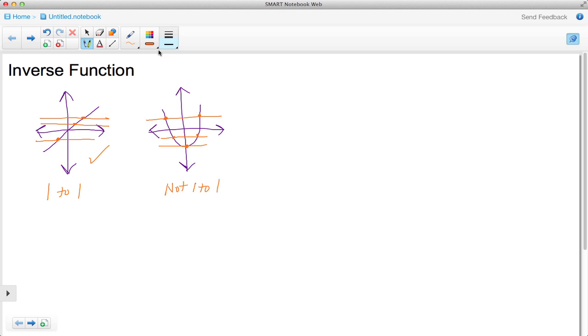So let's go ahead now and take a look at an example. Let's say that we have f of x is equal to 2x plus 6. Alright, there are a series of steps we need to follow to derive the inverse of a function. The first thing we need to do is, if the function is in f of x notation, we need to change that f of x into a y.